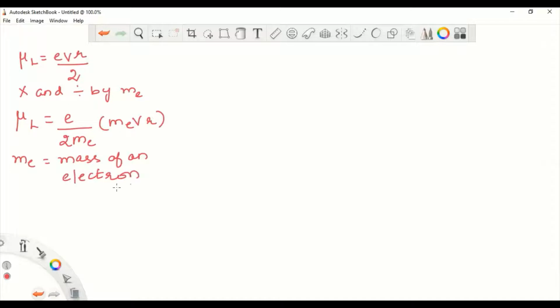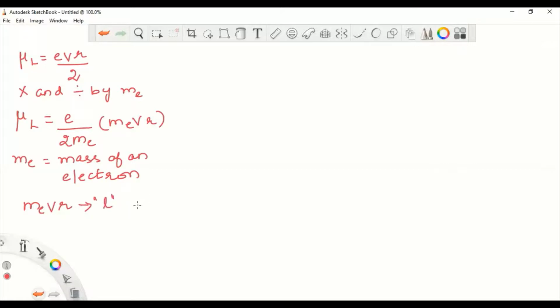This is very, very important, children. Now me v r, mass of the electron times velocity times radius, is replaced by L. What is this L?